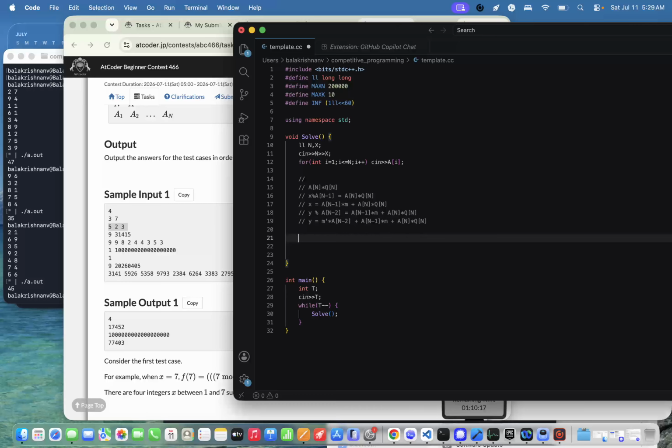Okay, so we'll say z percent A of n minus 3 equal to this.